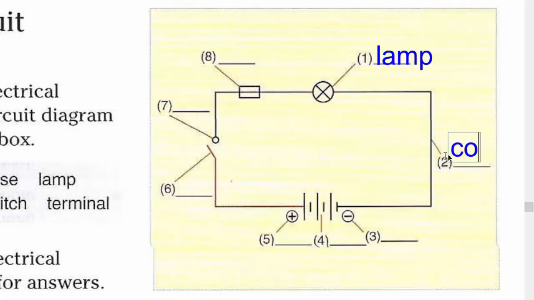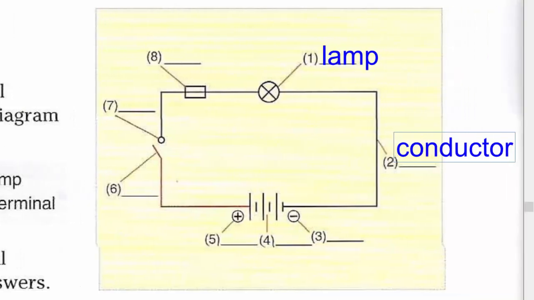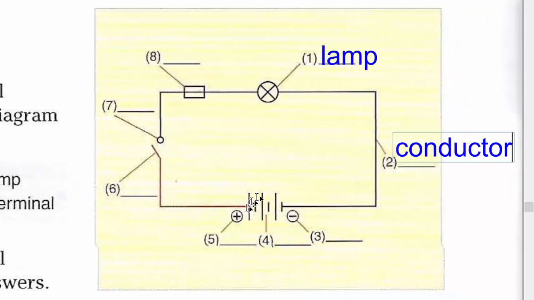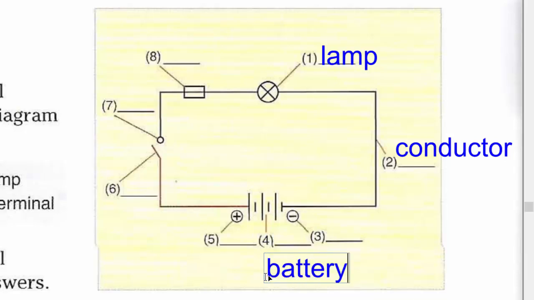Conductor. 4. What's this? Number 4. Battery. A battery has 2 sides, this one and this one. What's this? Number 3. This is the negative side. Negative.